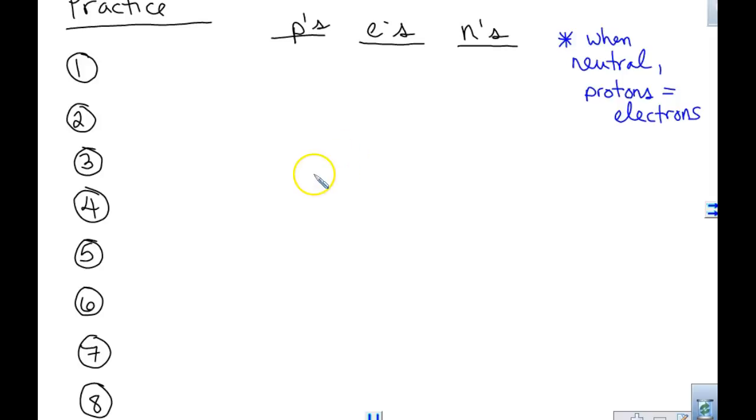So pick some elements that did not appear in your POGL already. You can call out the symbol if you don't know what the name is. So, give me some. Aluminum. Okay. Oh, I need to change that back from pink to black. Alright, so aluminum. What's another one?